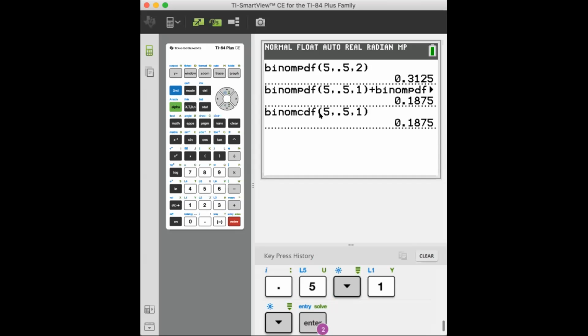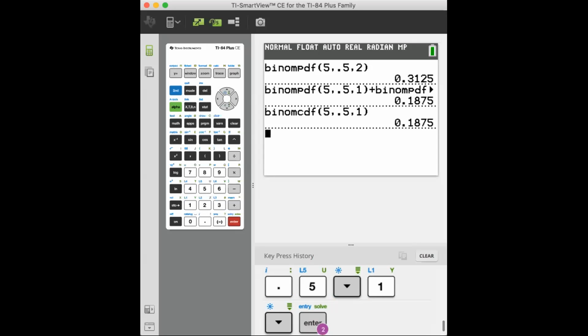If we change the last number to 2, it would do PDF of 2, 1, 0 and add those up. If the last number is 4, we would do the PDF of 4, 3, 2, 1, 0. So it accumulates it all up until whatever number of successes you want. This is a nice shortcut to use CDF. So that's how you do that.